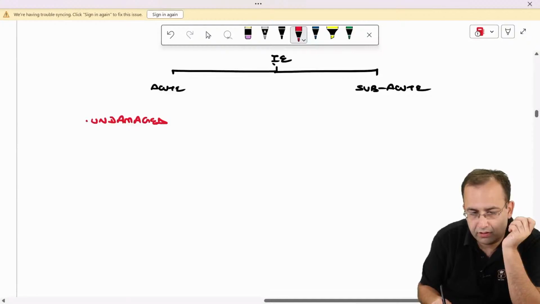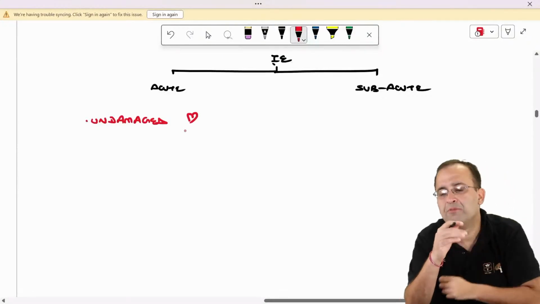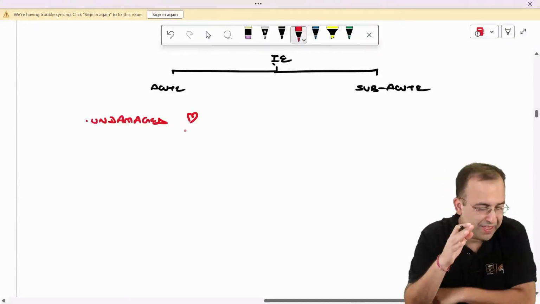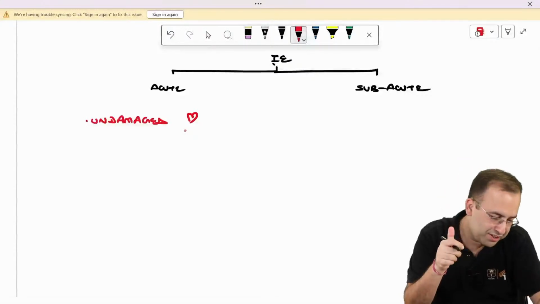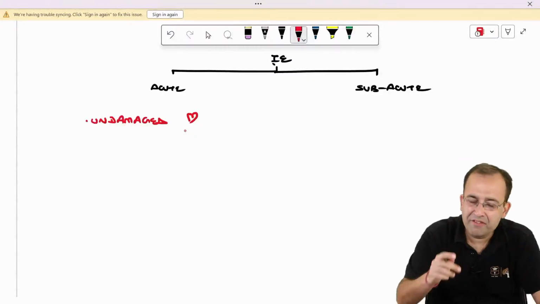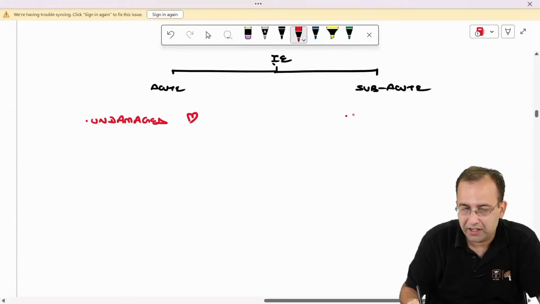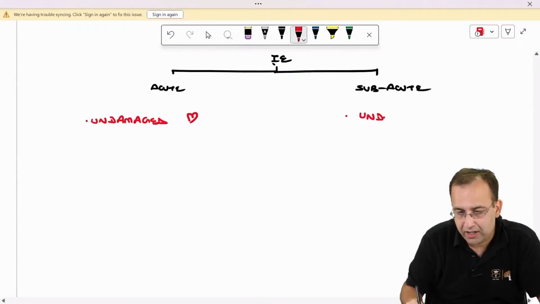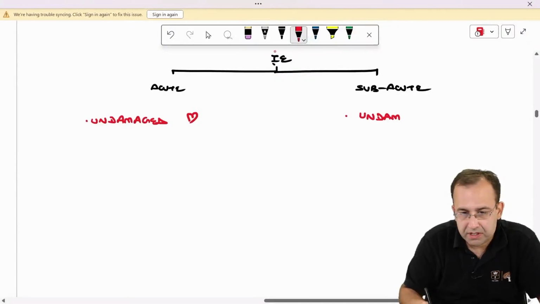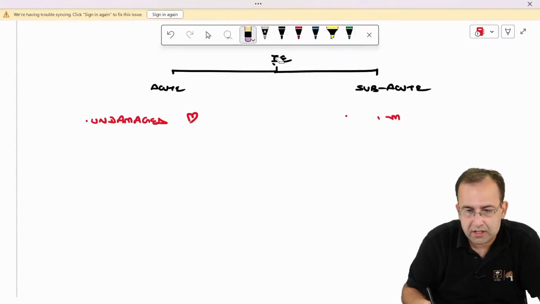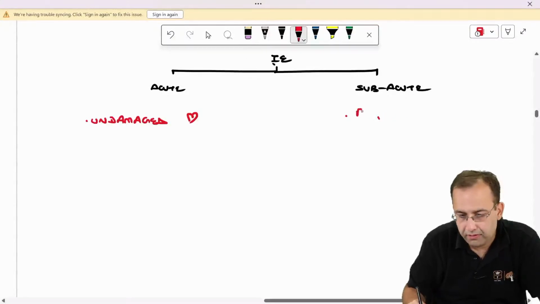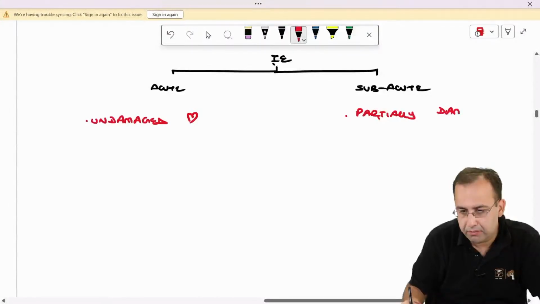We are talking of structural damage here. Versus subacute infective endocarditis, which occurs in a partially damaged heart.